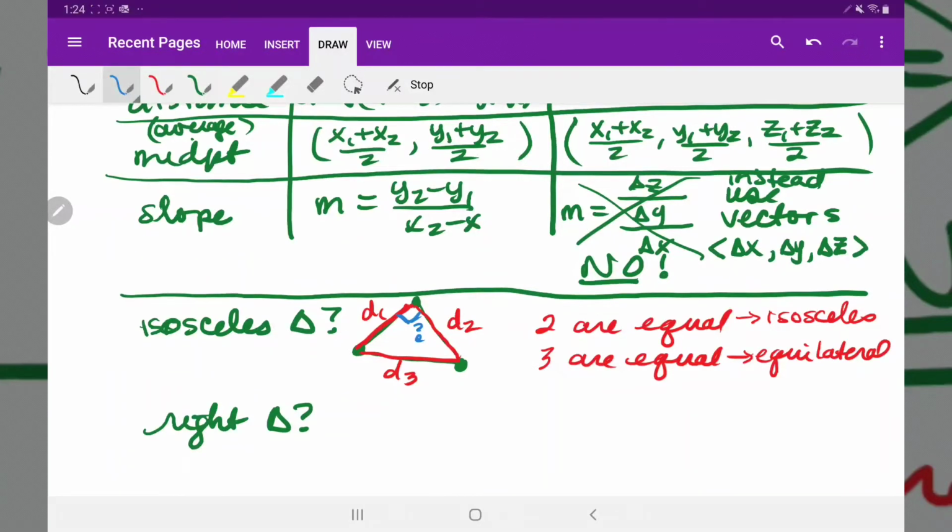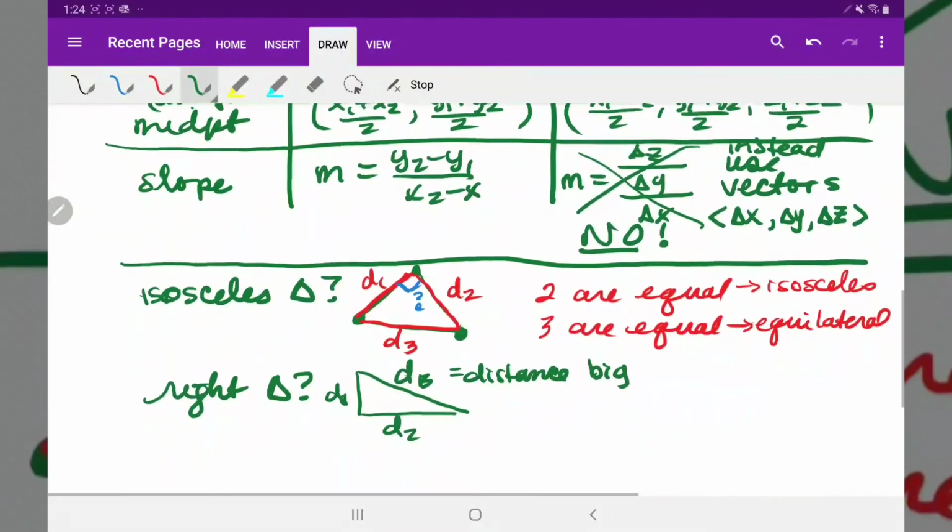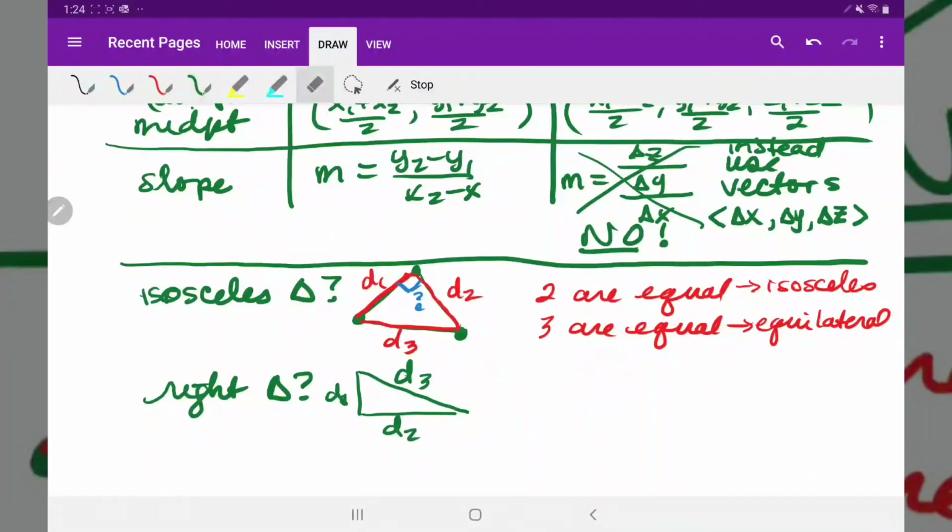So if you find distance 1, distance 2, and let's call this distance 3, once you find all the distances, when you substitute it into the formula, if a squared plus b squared equals c squared, then it's a right triangle.